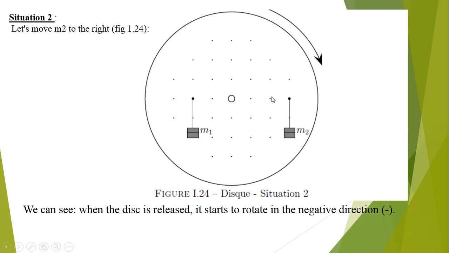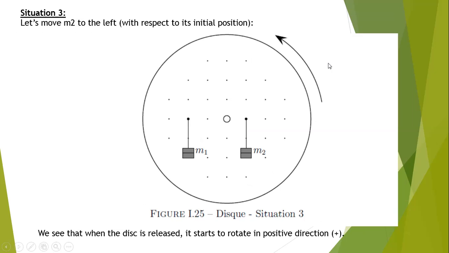When the distance increases, the disk rotates in this direction. But when the distance decreases, the disk rotates in this direction, that is opposite to the direction represented in situation 2.